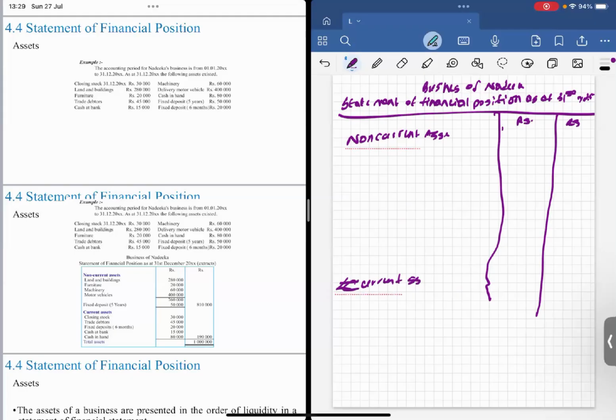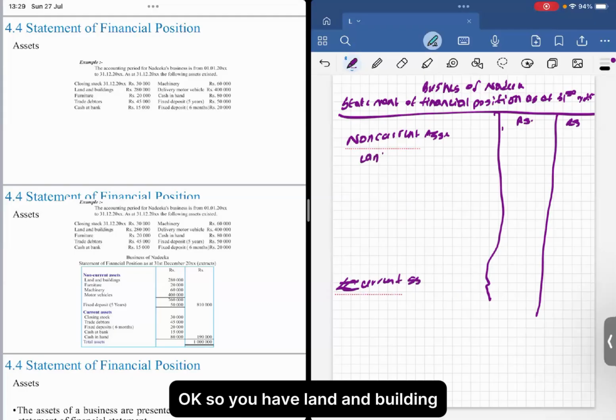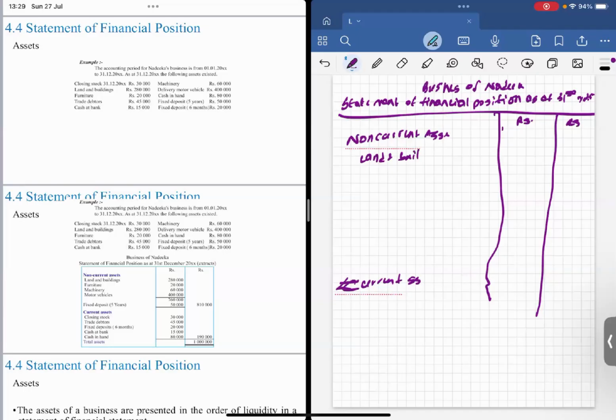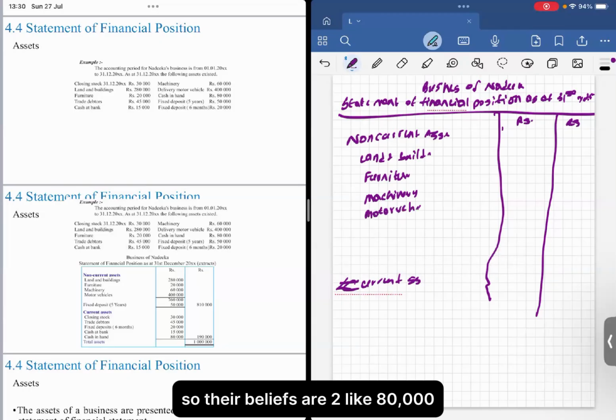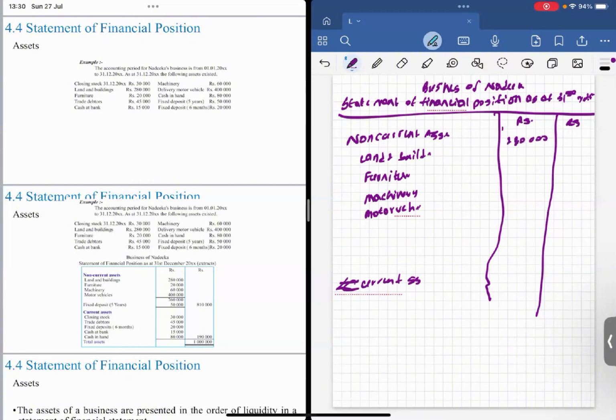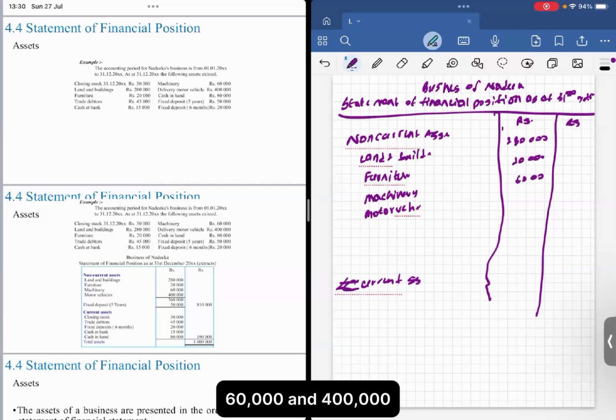Like this, you have land and building, furniture, machinery, and motor vehicle. Their values are 280,000, 20,000, 60,000, and 400,000.